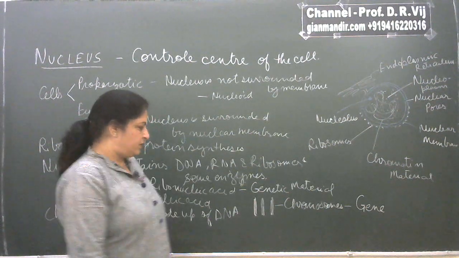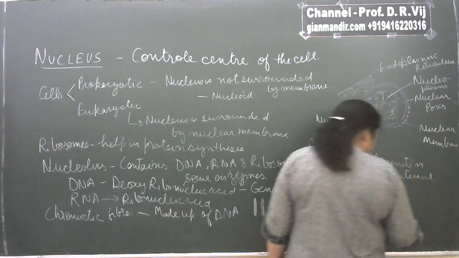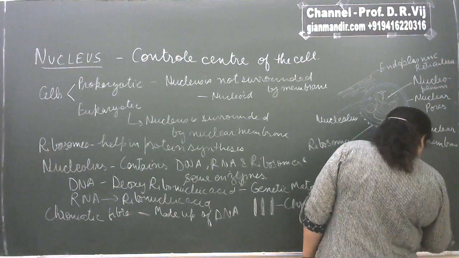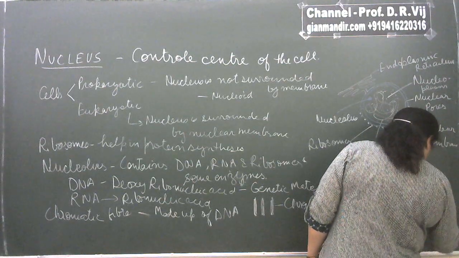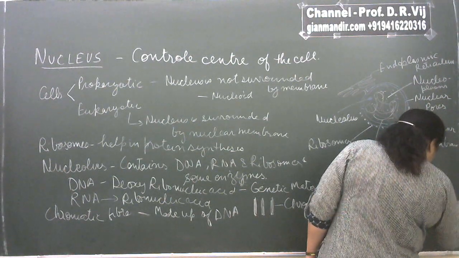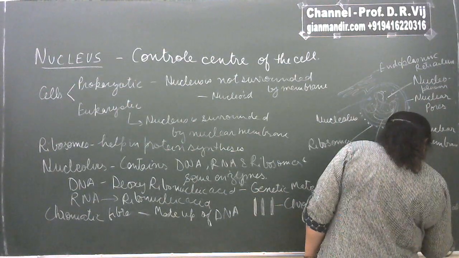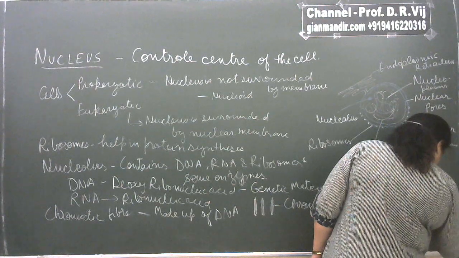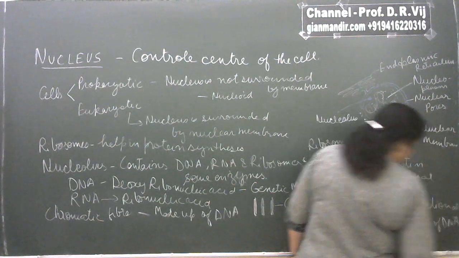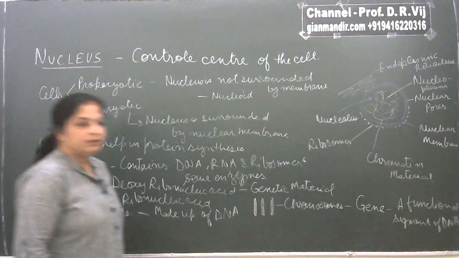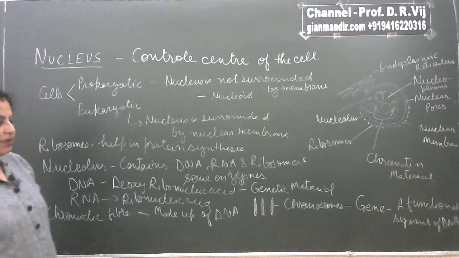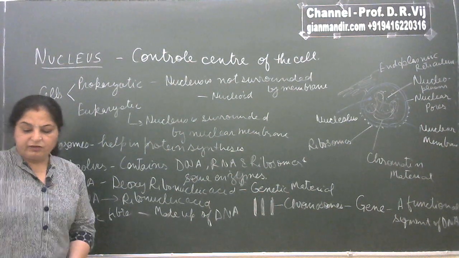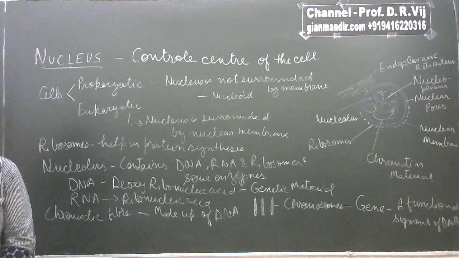Or in other words, you can say a gene is a functional segment of DNA. That is the function of a gene, right? So that is all about the structure of the nucleus.